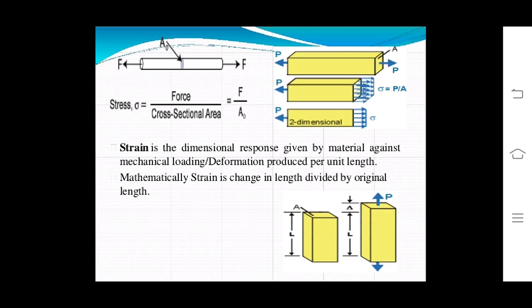This diagram shows the dimension, that is the length of metal initially and the length after loading or pulling of metal.